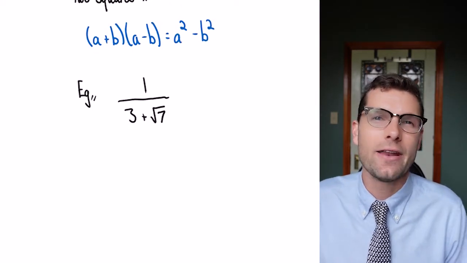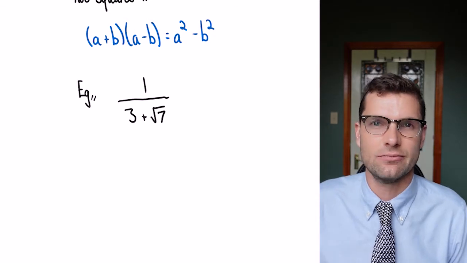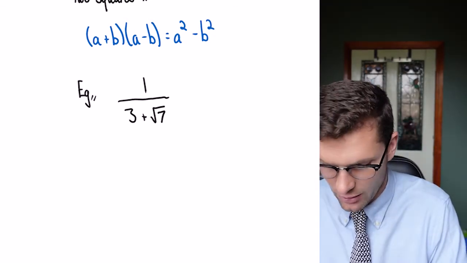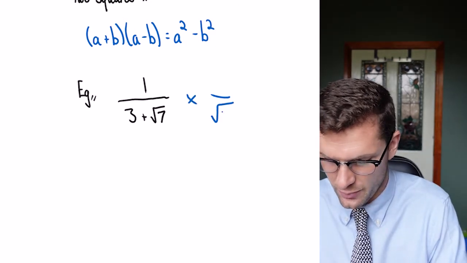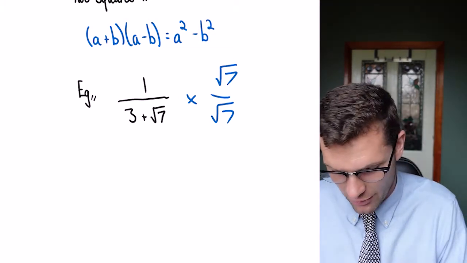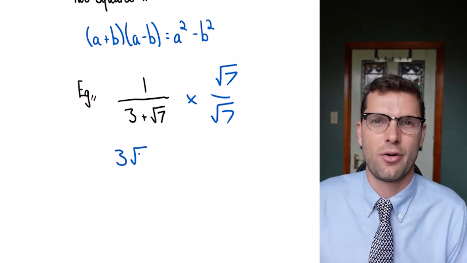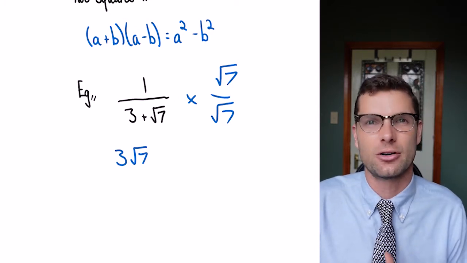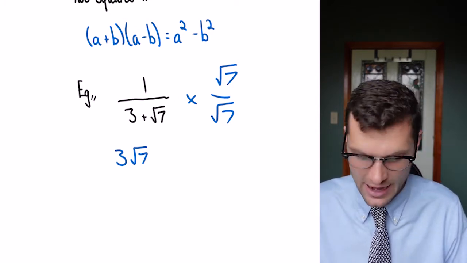So here I've got 1 over 3 plus root 7. We want to rationalise the denominator, so it would be pretty easy to think, oh, if I multiply the top and the bottom by root 7, I'm good to go. But unfortunately, that makes the 3 multiplied by root 7, so we haven't actually done anything. We've just moved that irrational number across, which doesn't really help us out.